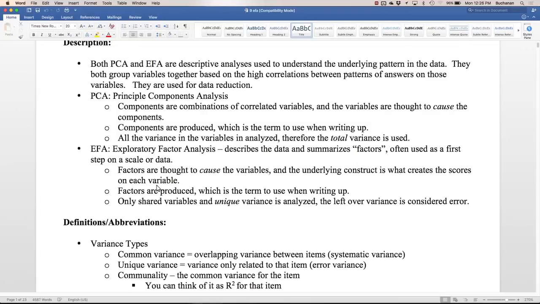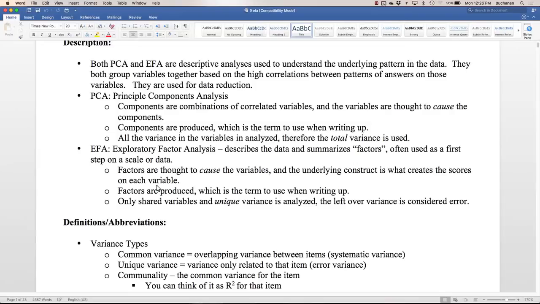So for principal components analysis, or PCA, it's this idea of components. And the thing is that the questions, or the items on your scale, cause the component. So the questions predict the component, so the arrows go this way.